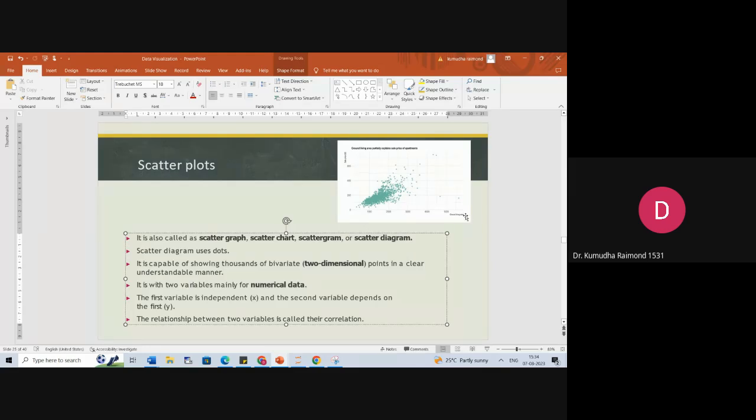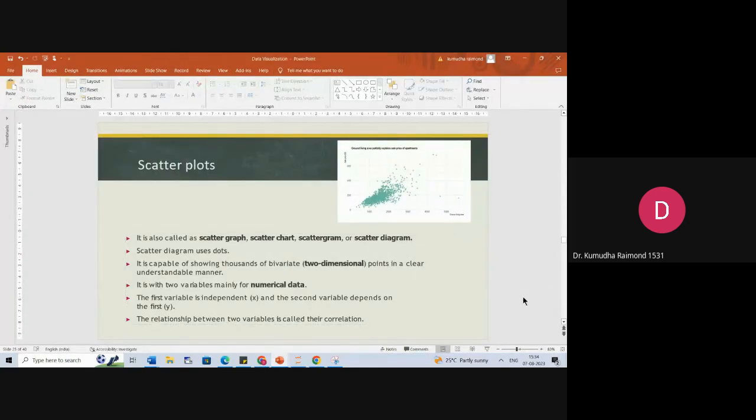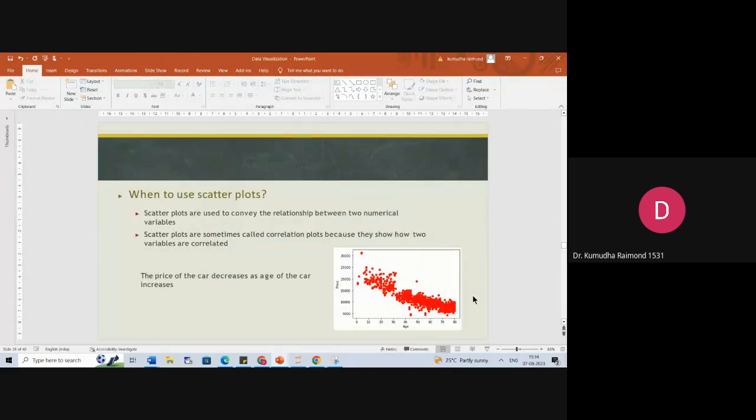The x-axis is called the independent variable and the y-axis is called the dependent variable, and it is very helpful to know the relationship between these two attributes, and that is called the correlation. We use scatter plots to find the relationship between two numerical attributes and to find out how much both these attributes are related to one another.